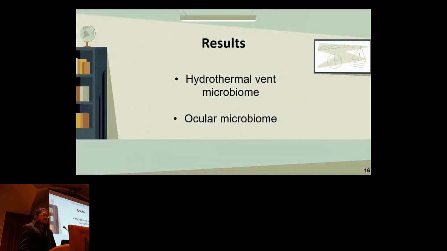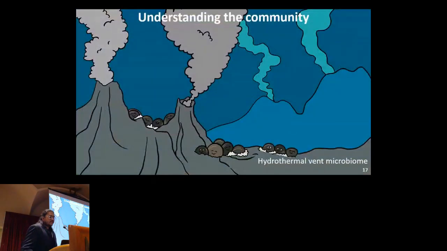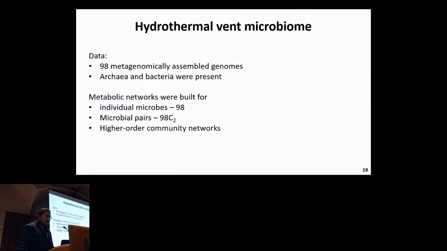With this protocol, we studied different microbial data sets: a hydrothermal vent data set and an ocular microbiome data set. We'll see some interesting results that we got. First, the hydrothermal vent. Hydrothermal vents are small volcanoes present on the ocean floor, near the earth's core.